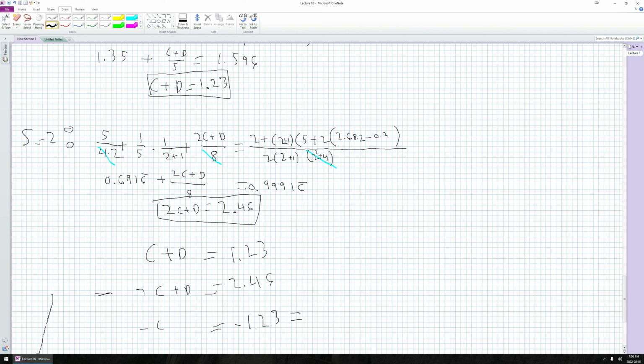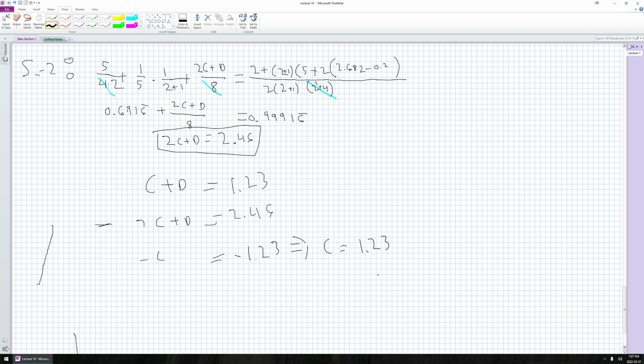So from here, we can solve this for c, and we now know c is 1.23. That was nice and easy. And from here, we could use either of these equations to solve for d. I'm just going to use this equation here. So this tells me that 1.23 plus d is equal to 1.23, which tells me d is 0.